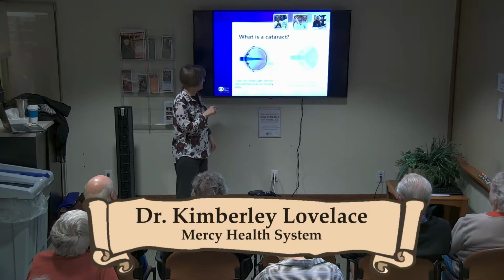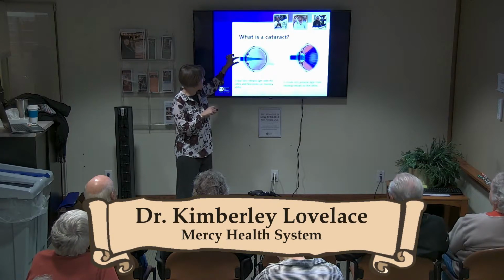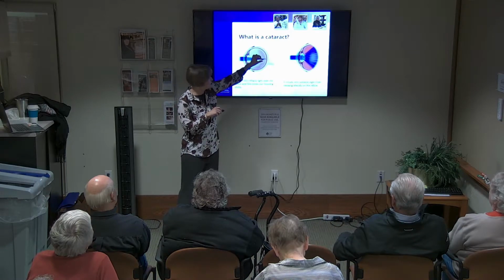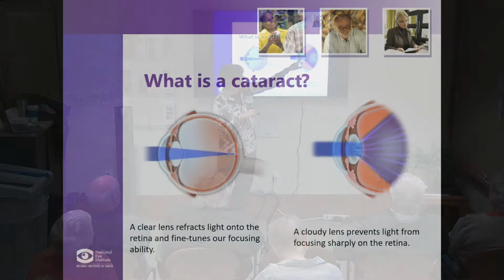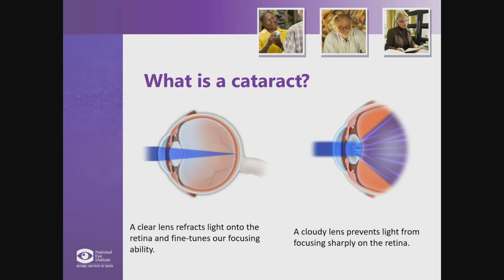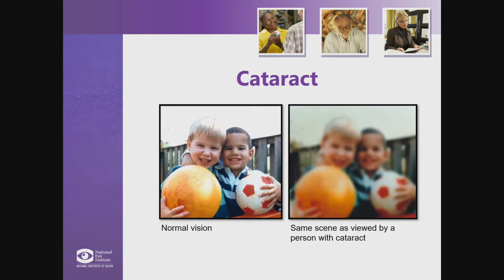So the clear lens, we talked about this already. It refracts light, or helps focus light to the back of the eye. When someone has a cloudy lens, the light doesn't get to where it needs to, and that's why people experience glare. With cataracts, the same little picture here, our normal vision, and then when we have cataracts, it just all gets kind of blurry.